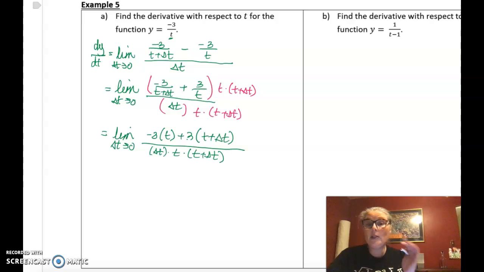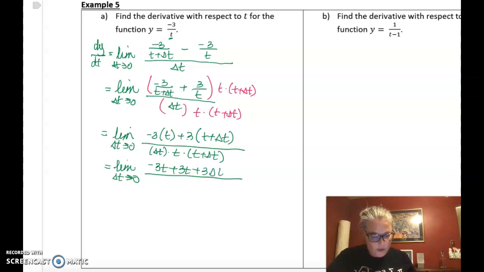Now we're going to distribute in the numerator and simplify a bit where we can. In the numerator, I get negative 3t plus 3t plus 3 delta t, over, and I'm just going to leave this down here, t times t plus delta t, because hopefully I can get some simplification out of it. Then I'm going to cancel.